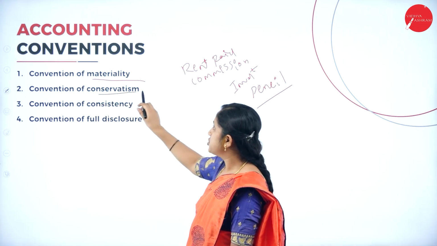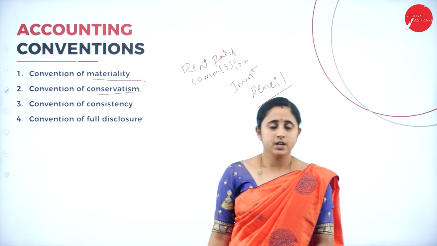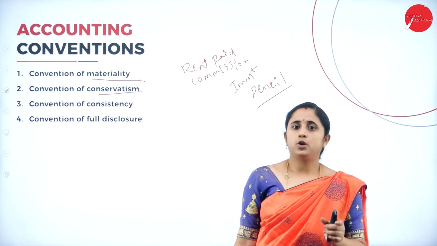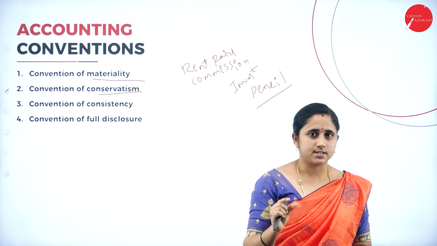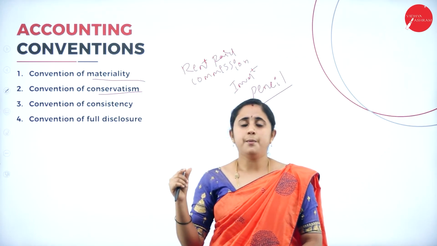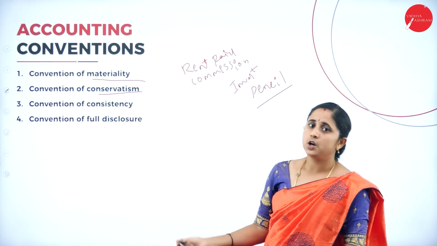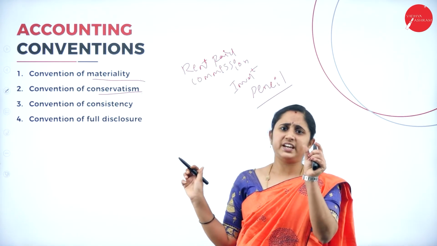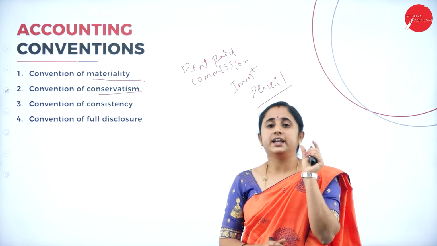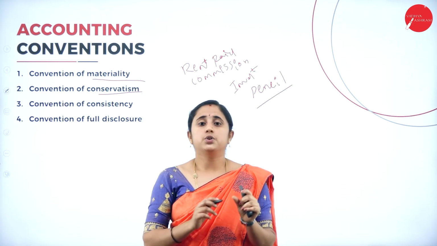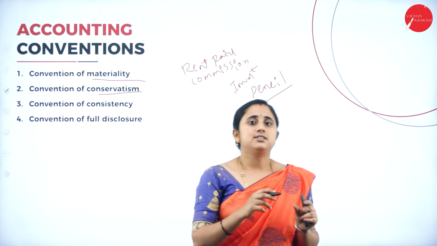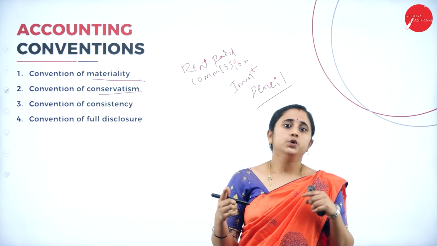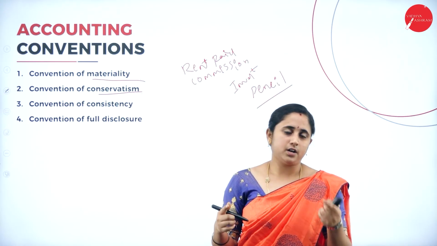Next, convention of conservatism. Convention of conservatism means consider only the losses and ignore the profit. That means while you are analyzing your financial position, if there is any loss or any chance of loss, you consider it a caution so that you can take measures and improve your business.